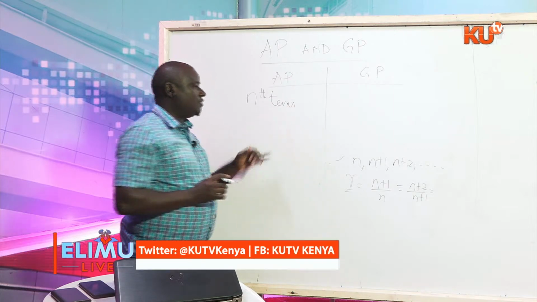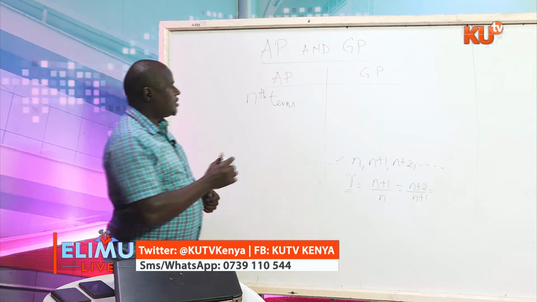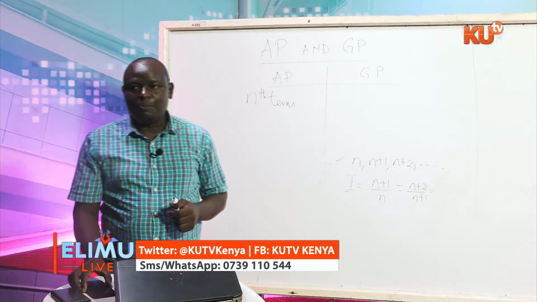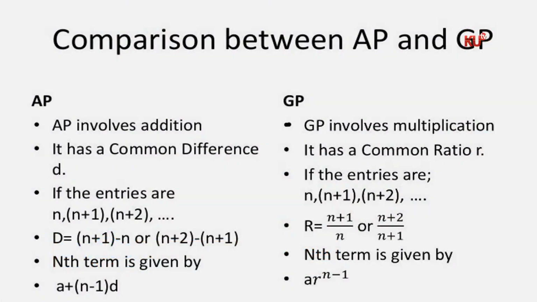This is an important value for us in both cases. And the nth term in AP, you have it on your screen, is given by A plus n minus 1 into bracket D.